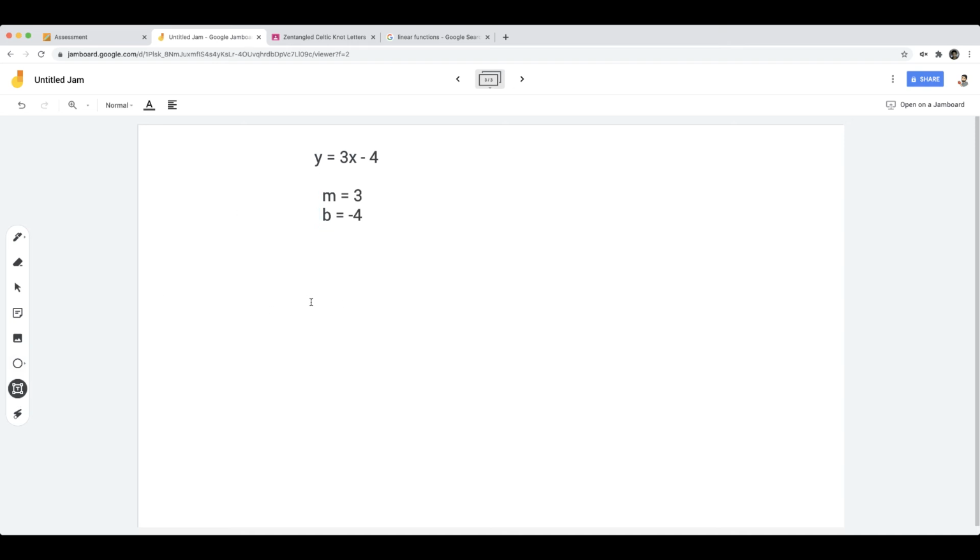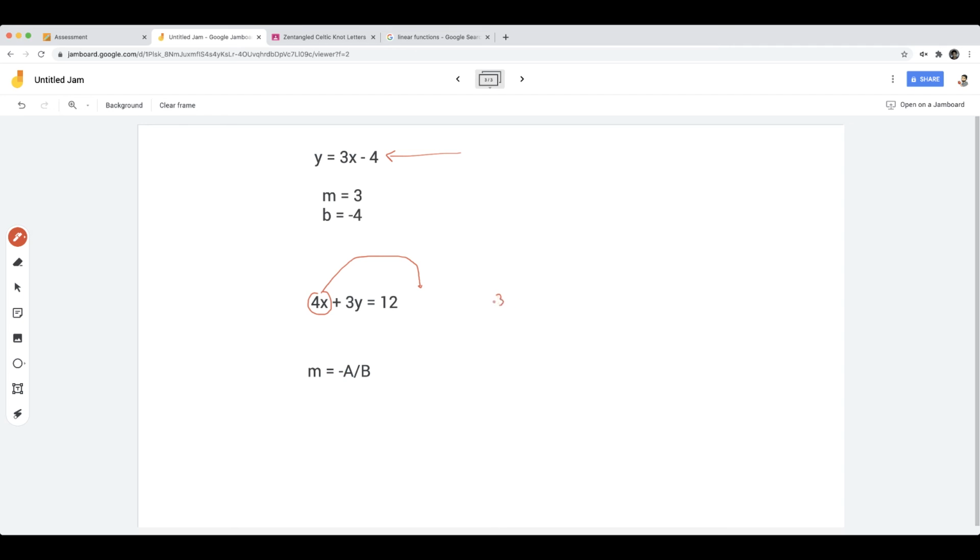Now if they give it to you in standard form, so let's say something like this, let's keep it positive for now, 4x plus 3y equals 12. And they ask you for the slope. So the slope is going to be equal to, again, negative a divided by b. So what basically is happening is that the 4x needs to move over to the other side to figure out what the slope is, right? Because it's got to look like slope-intercept form. So when it does that, it becomes negative. So that's why I'm saying it's going to become a negative a, right?